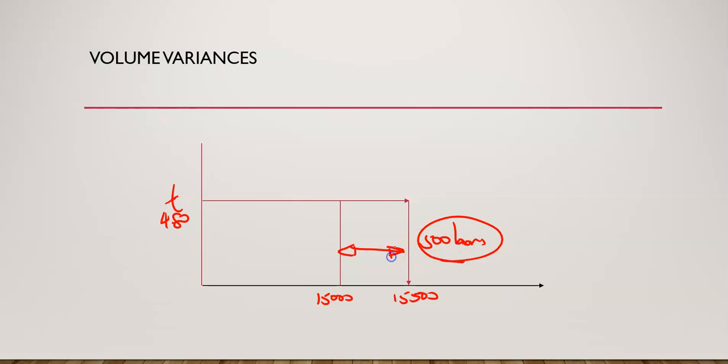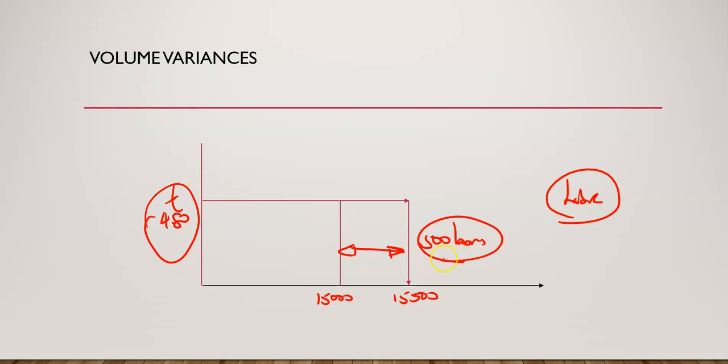So labor is a really good one for efficiency, because you can really ask questions like, why have you ended up spending 500 hours more than the plan? And this is the efficiency variance, if you like, 500 hours times the £4.80. Because my focus is just on this, I want to judge you on this first. I'll judge you on price in a second.